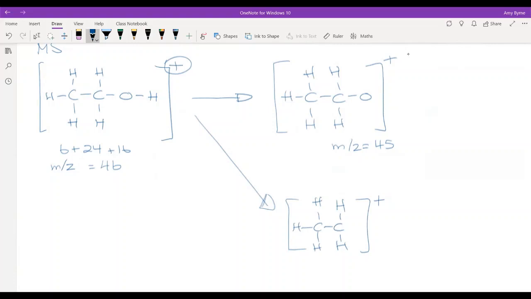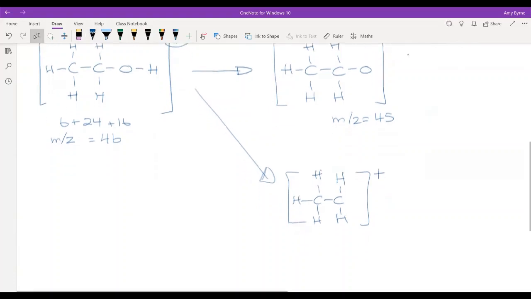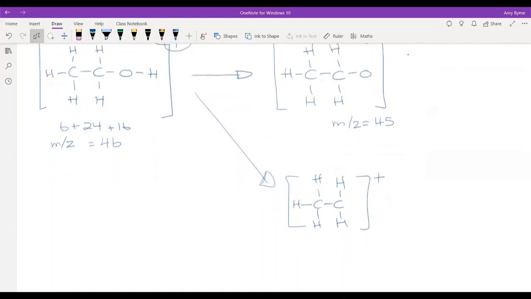So it would be 45 minus 16. So my mass to charge of that is going to be 45 minus 16, which gives us 29.